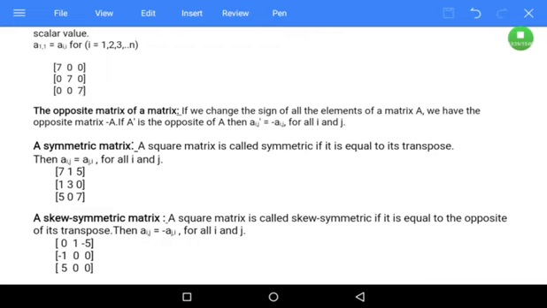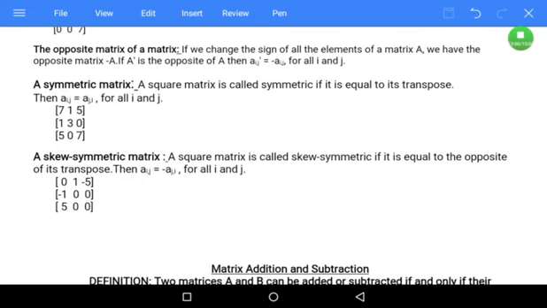You understand? And if you have a mixture of plus and minus numbers in a matrix A, then the opposite matrix B will contain the same elements, but each number will have an opposite sign. Numbers that were plus before become minus, and numbers that were minus before become plus. Do you understand? So that is what they call an opposite matrix.